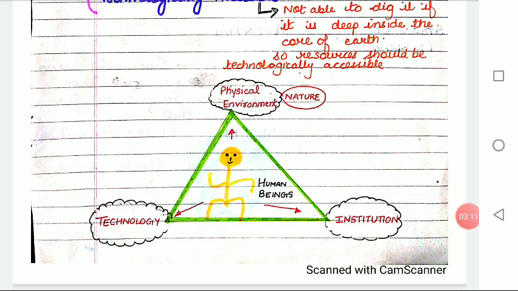That means from nature we are getting cotton. Then human beings use their skills to convert that cotton into clothes with the help of machines. That means technology. And they are doing this in a factory, that means institution. So basically, this shows they are interdependent.